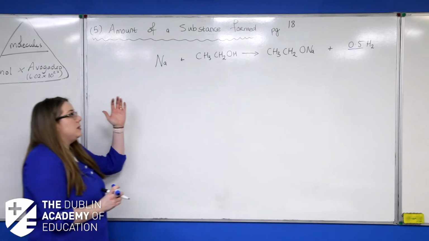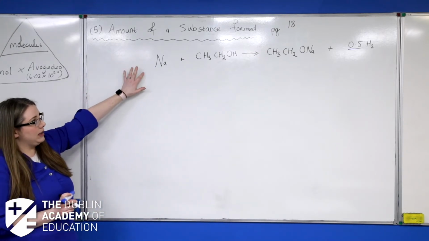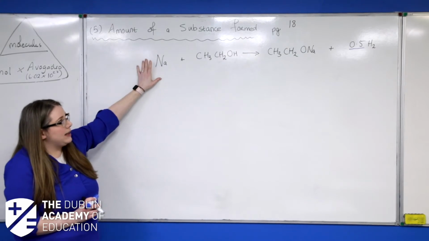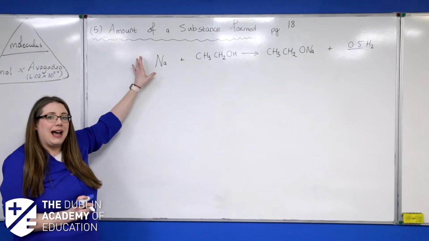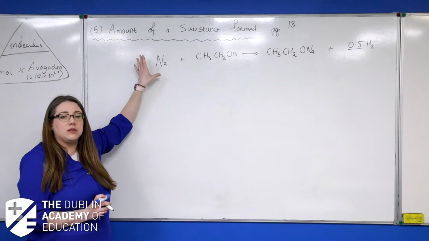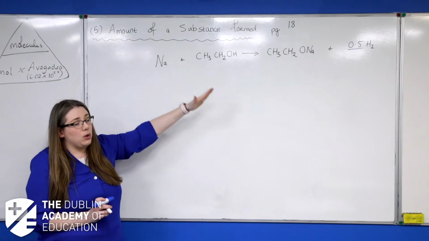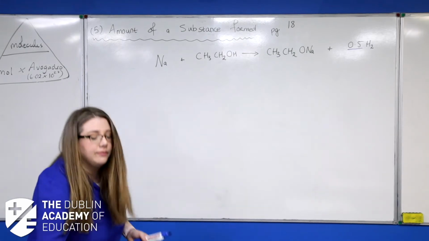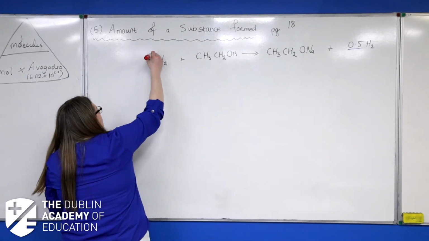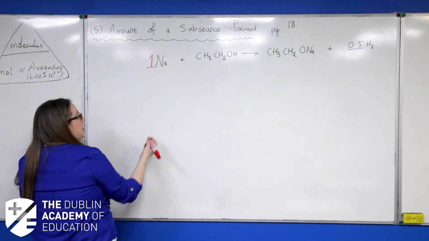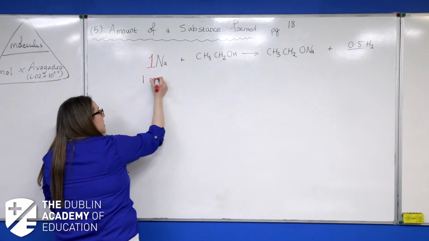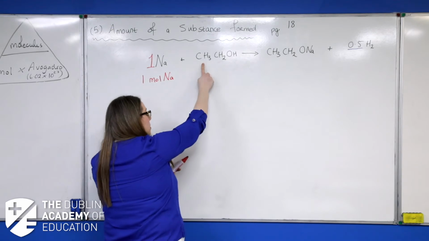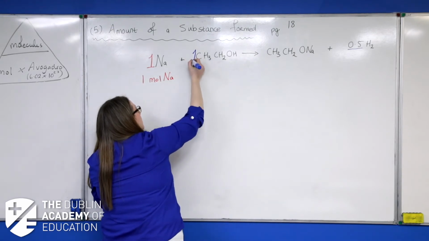When we read a balanced equation like this, now this is key, so you really need to pay attention to this. The numbers in front in the balanced equation tells me how many moles of each substance reacts together and how many moles are going to be formed. So when we look at this, there's a 1 in front of the sodium. That means 1 mole of sodium reacts with 1 mole of my ethanol.